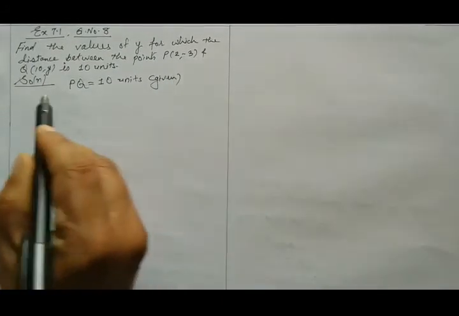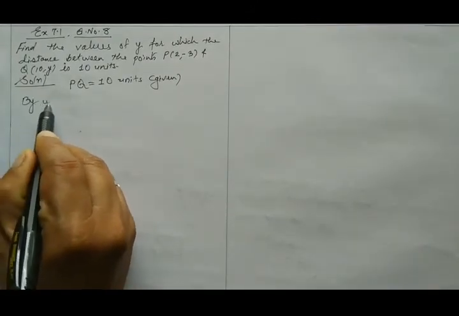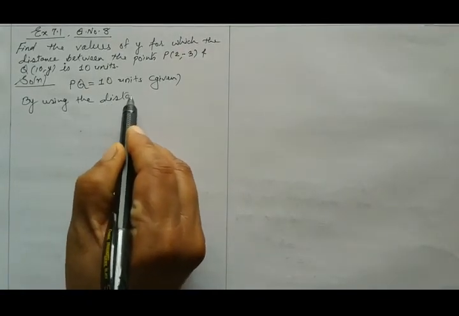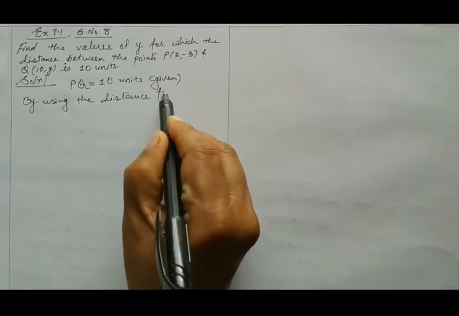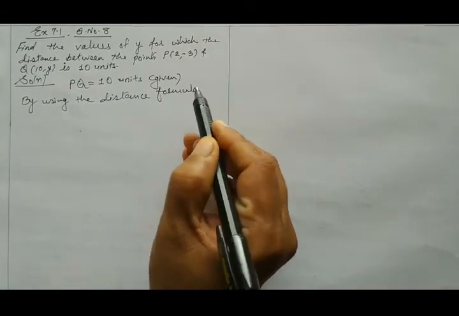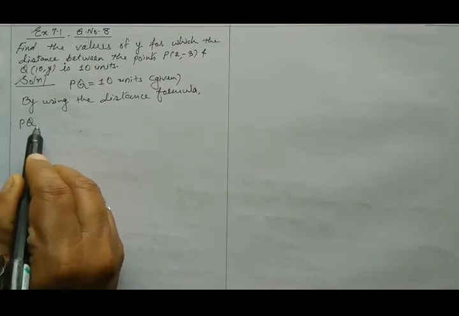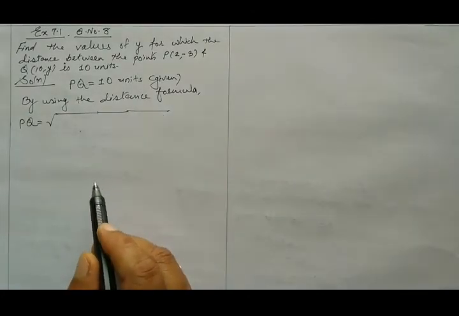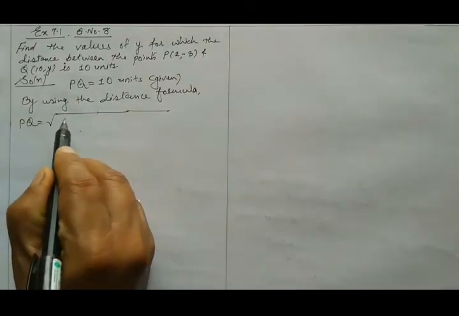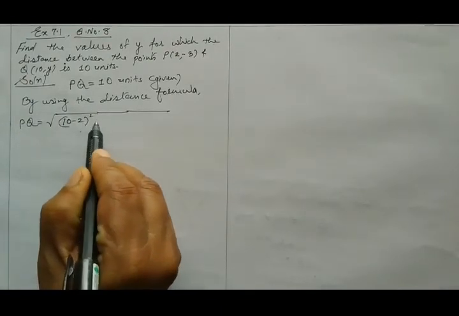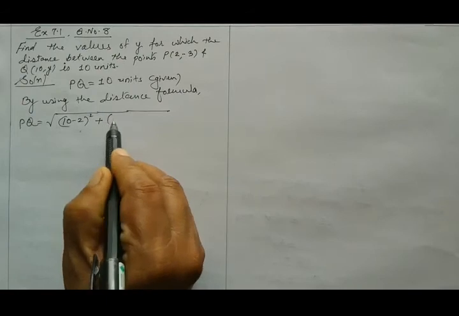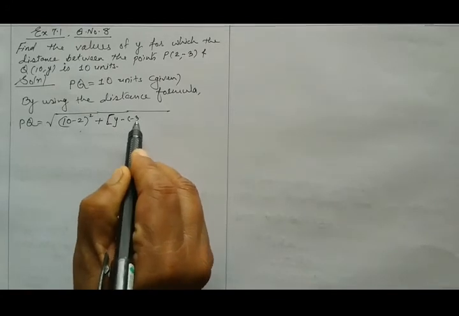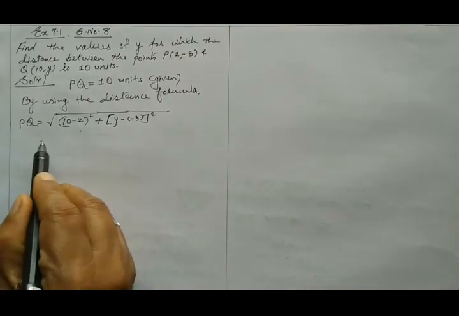Now by using the distance formula, PQ is equal to under root x2 minus x1, so 10 minus 2 whole square, plus y minus minus 3 whole square.